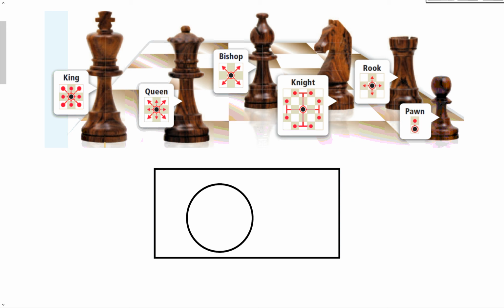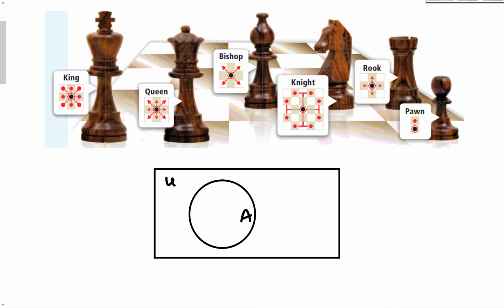I'm going to move this up a little bit. This is my universe. So now let's think about the set A, which is going to be the chess pieces that move side to side.